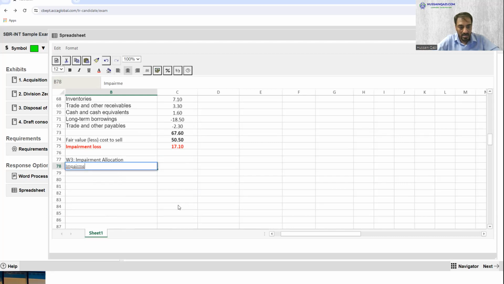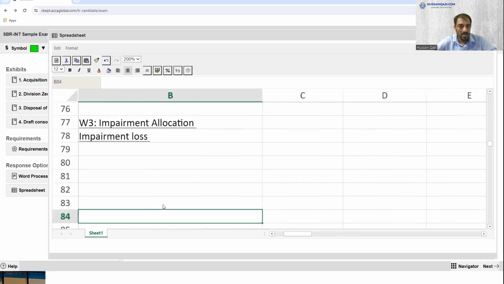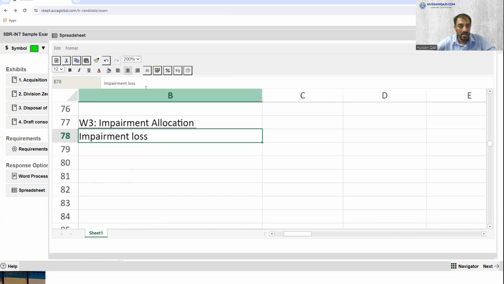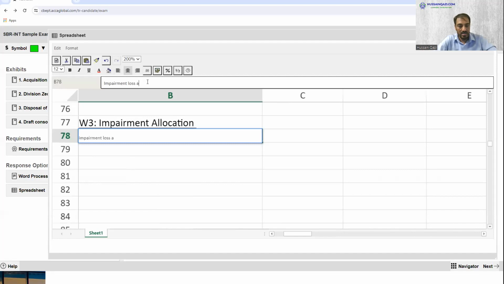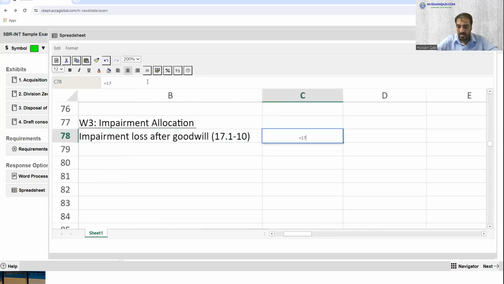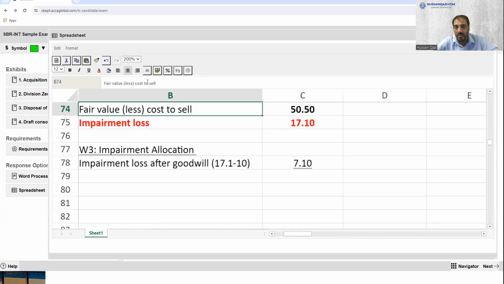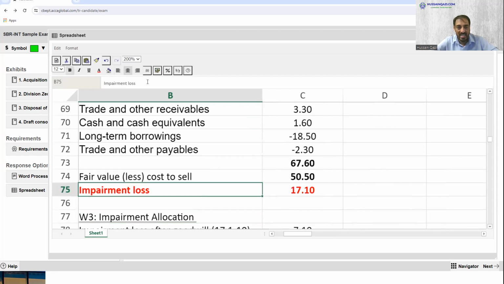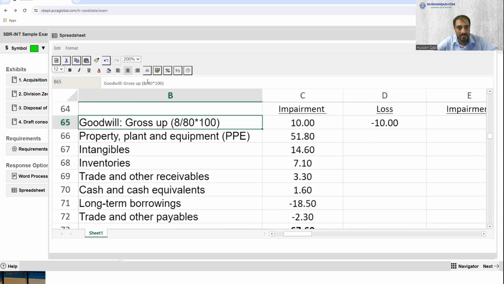Impairment loss after goodwill. That is 17.1 minus 10. Now we need to allocate. Very important point. What are the other assets? Other assets are property, plant, equipment, intangibles.